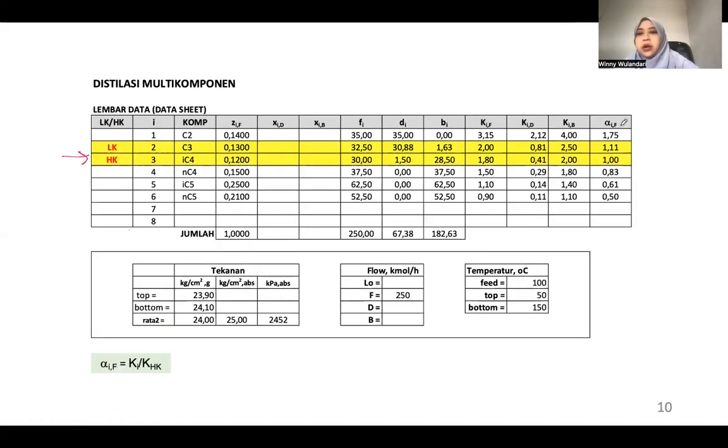And then this is how you add the K value of each one: by assuming the temperature at the top and the bottom, and then using the temperature and the pressure, you can determine the K value for each compound and at each stream.